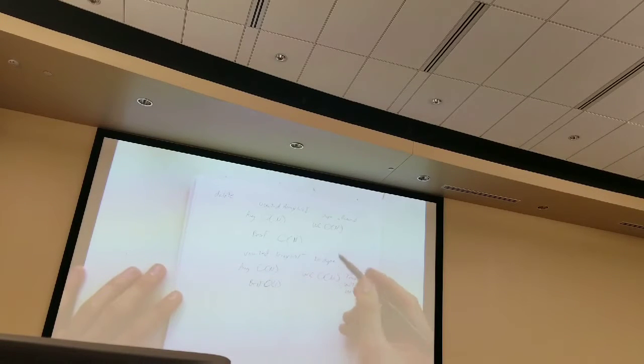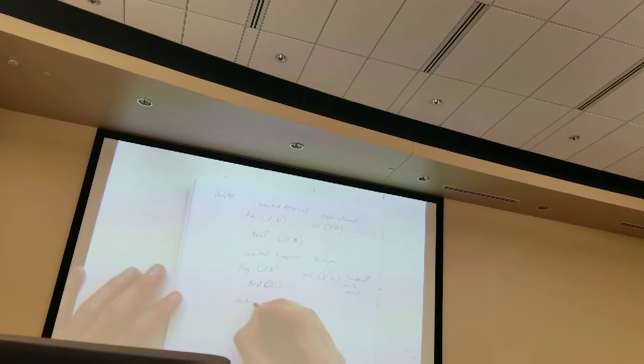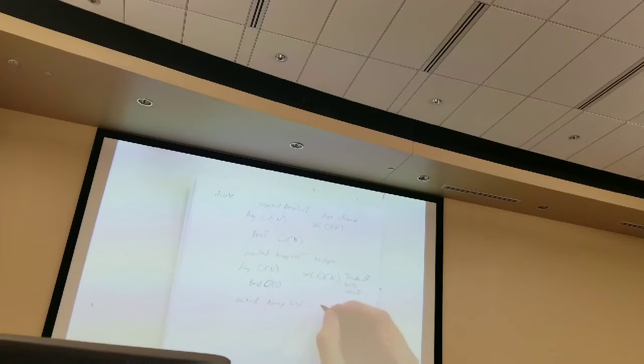But anyways, the next thing that we should talk about is the sorted array list. And we'll do duplicates allowed. All right, so if you have a sorted array list, what's going to be the average case runtime for removal?